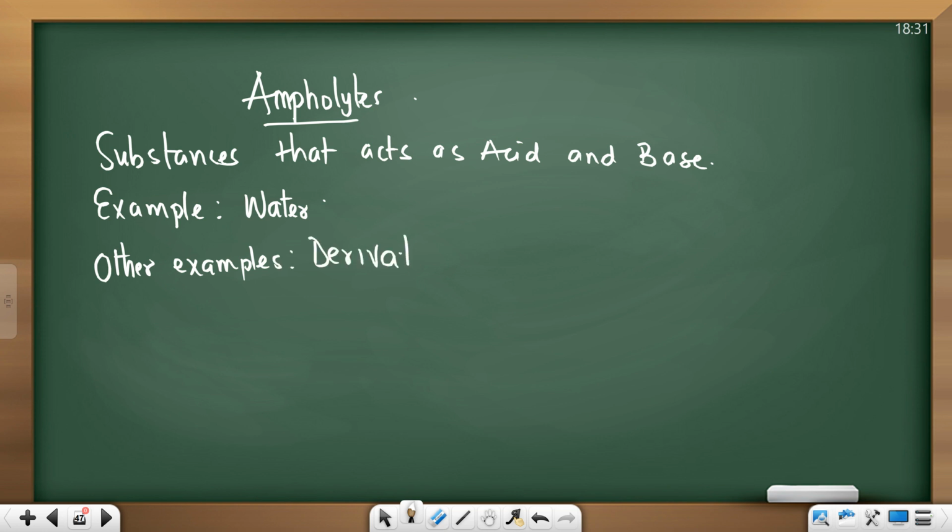Derivatives of polyprotic acids. I'm sure you know what polyprotic acids are. You still remember what polyprotic acids are? Acids that can donate more than one proton.